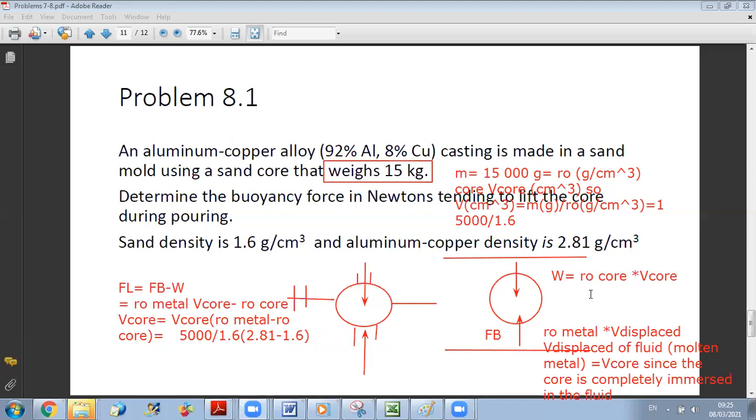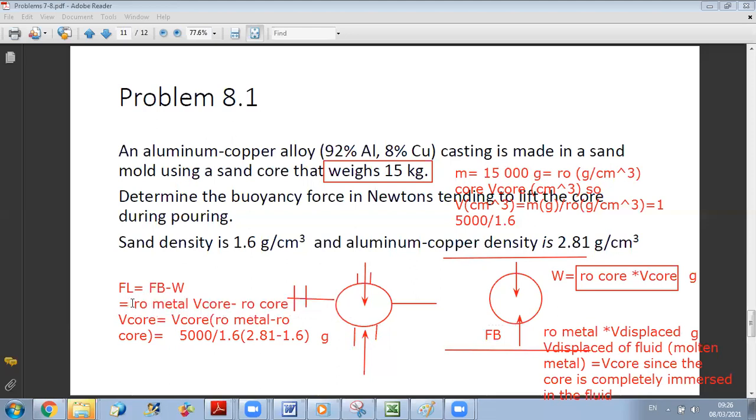So here, when I find the weight, rho times V is the mass. So I should add what to the mass? I should add g here. And also the same for buoyancy. For buoyancy, I should multiply also by g. So don't forget g here. So here I can take g into factor also.